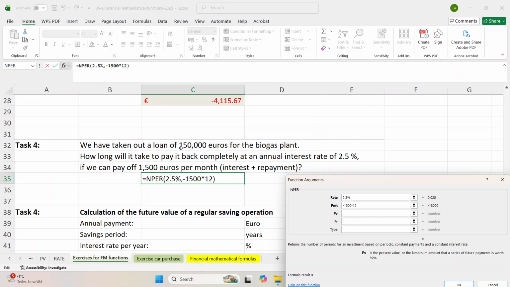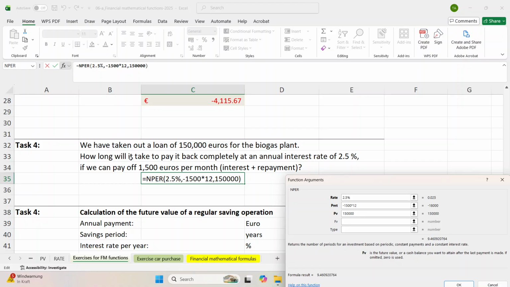Present value: we have taken out a 150,000 euro loan. This is our present value because presently we have this money, and as we have taken it from the bank, this money came to us, so it would be plus 150,000 euro.